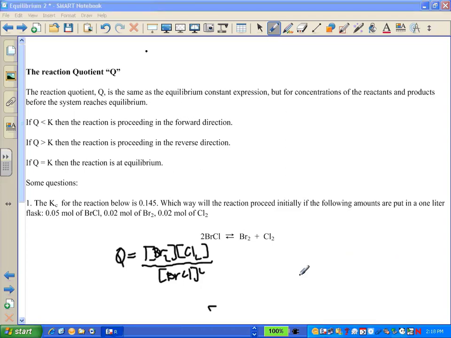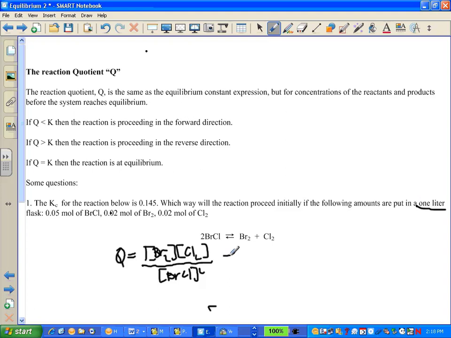Now, it's always really important to pay particular attention to the units that you're given. So you're given the moles for each of these, and you're told that it's in a 1 liter flask. Because it's a 1 liter flask, the concentrations are the same, but if it wasn't a 1 liter flask, you would need to deal with that appropriately.